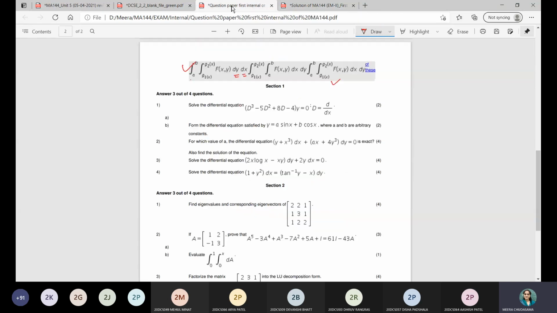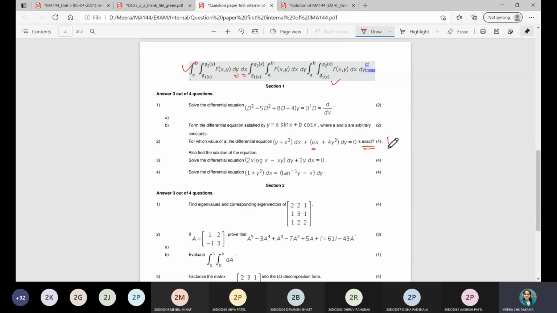After that, in this question, for which value of a the differential equation is exact, and also find the solution of the equation. It is already given that it is exact with a specific value of a, so your first target has to be to find out the value of a. This carries 4 marks.